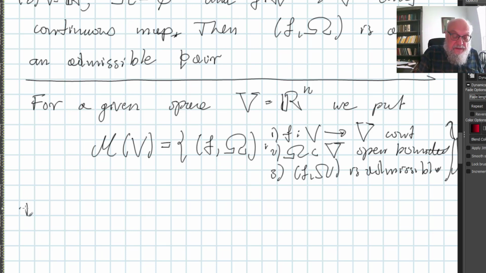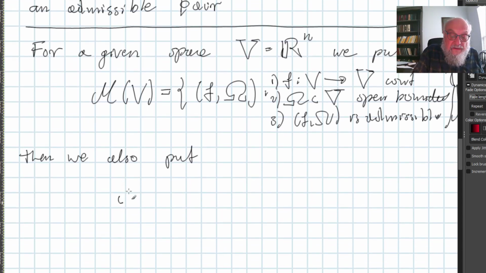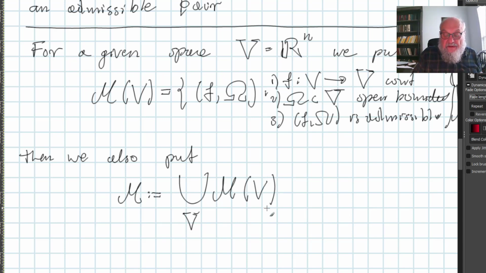Then we also define M, so that means M without V, as the union over all Euclidean spaces V of M(V).